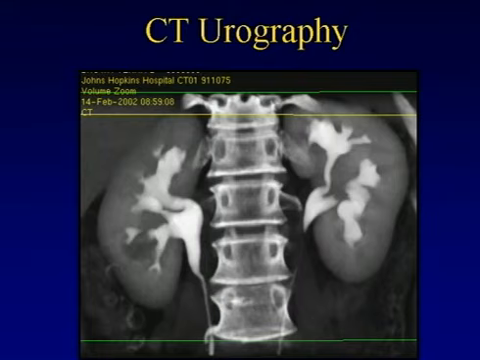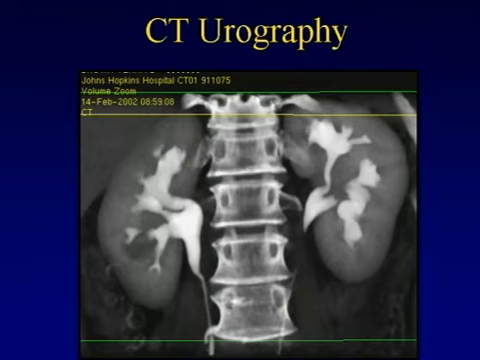Now, one of the things about CT, for many years, it was hard to get urologists to stop ordering IVPs, even though CT was so much better. And you know the story, negative IVP, get a CT, positive IVP, get a CT. Well, one of the reasons I think that urologists felt they couldn't leave the IVPs is they were so used to looking at the IVPs and that visualization. The way we finally ended up getting rid of IVPs was going to CT urography.